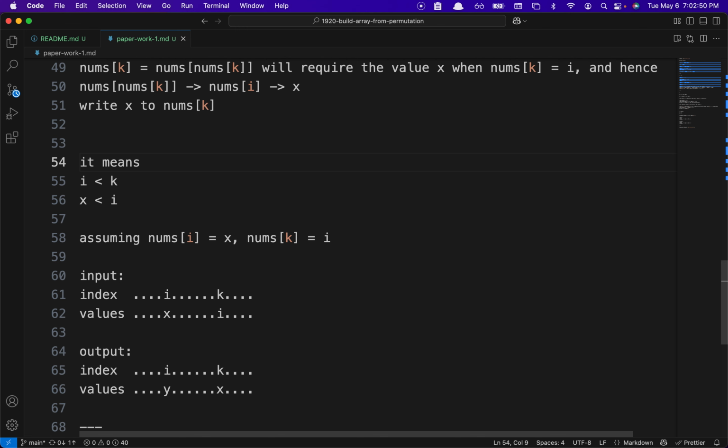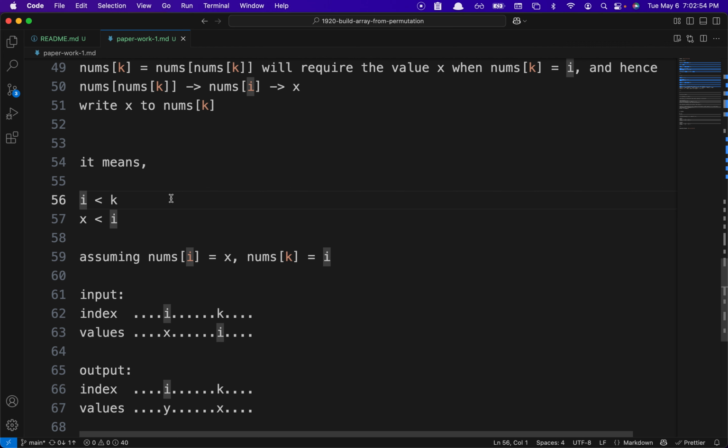It means I is less than k, and k are not equal. And if I comes before k, I comes first, k comes later. Okay? And you're losing I, and you will need it later. Like you are losing nums of I, and you will need it later. Assuming you need it later, if you're losing it, it's a problem, right?